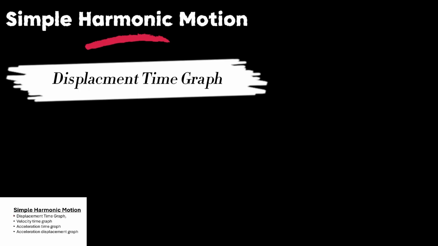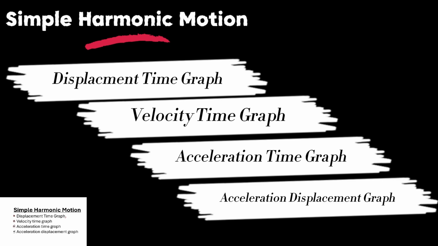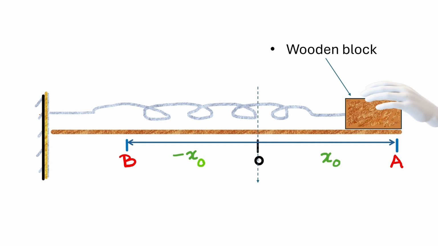So first of all, the graphs in simple harmonic motion discussed are the displacement time graph, velocity time graph, acceleration time graph, and acceleration displacement graph. Let me tell you that I have taken the example of a wooden block tied with a spring.